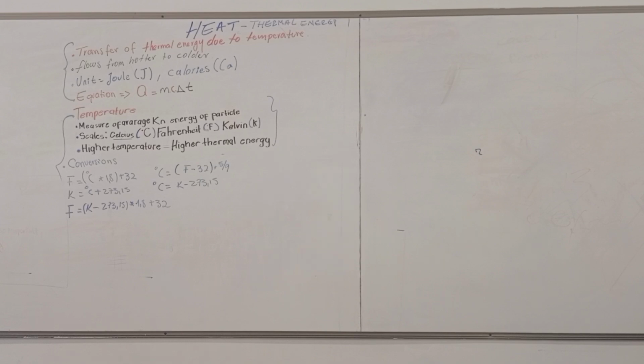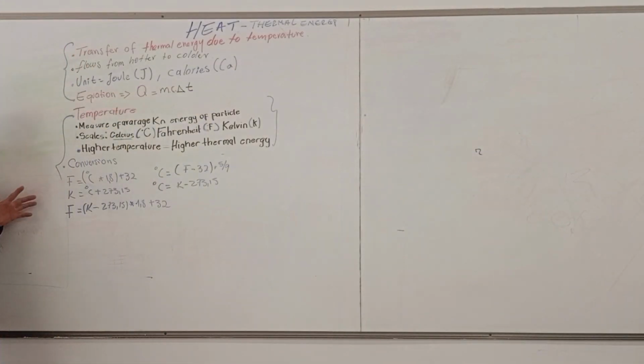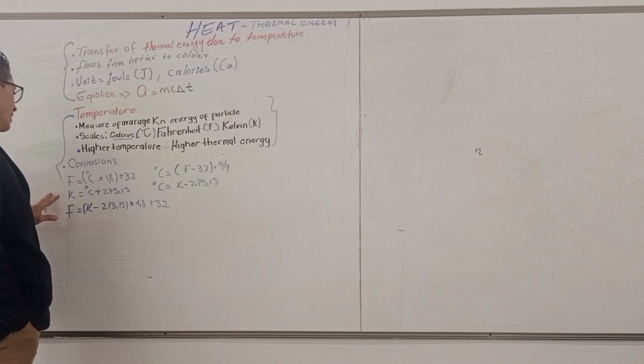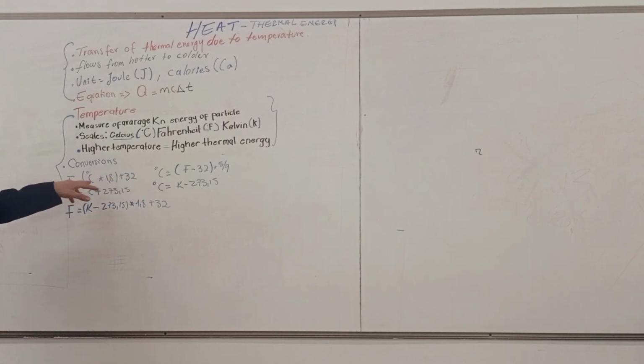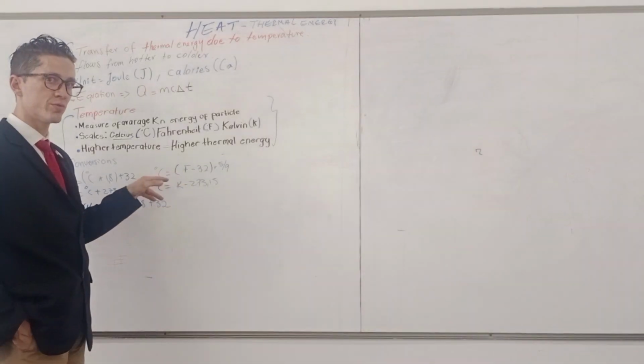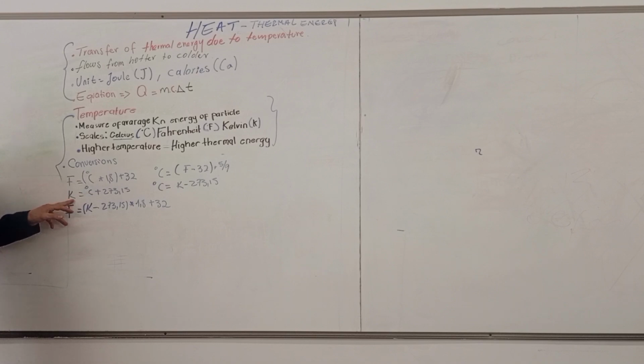Okay, guys, we came back. And now here we have more conversion equations, right? Here, that's the opposite from Celsius to Fahrenheit. Now from Fahrenheit to Celsius, right? Here from Celsius to Kelvin.